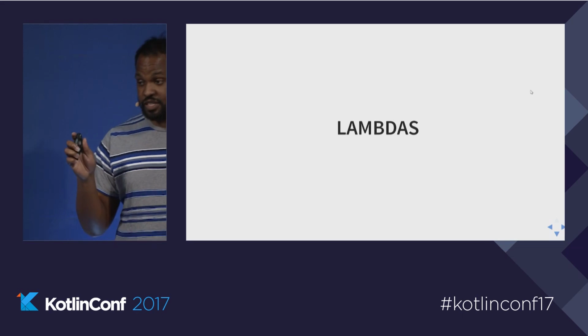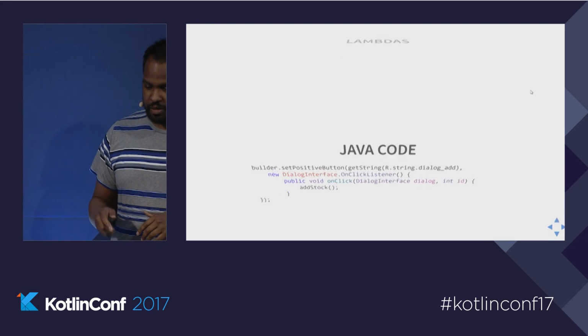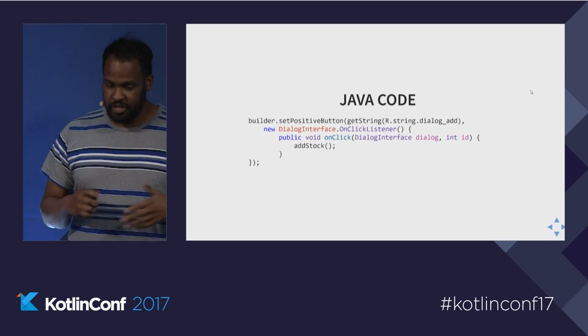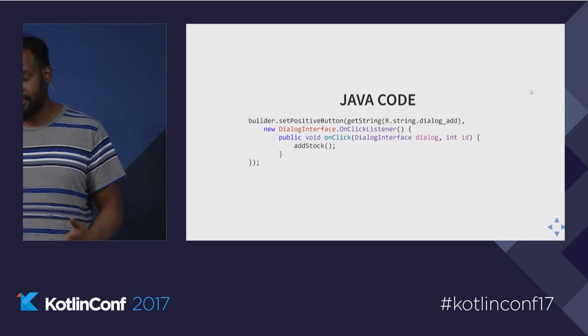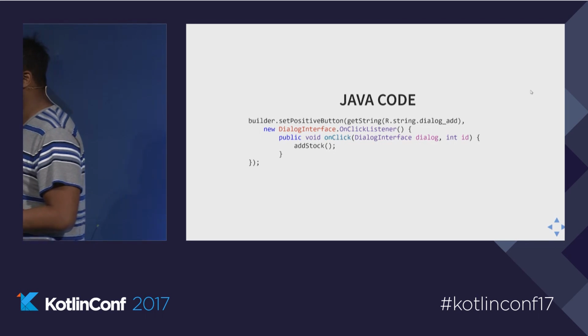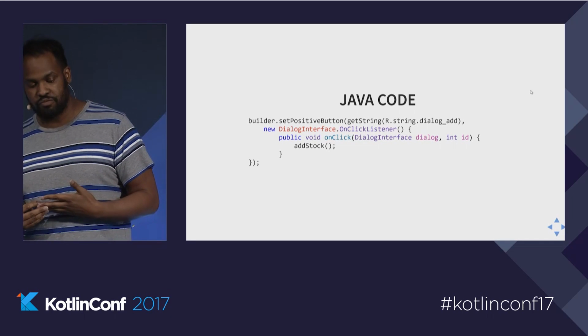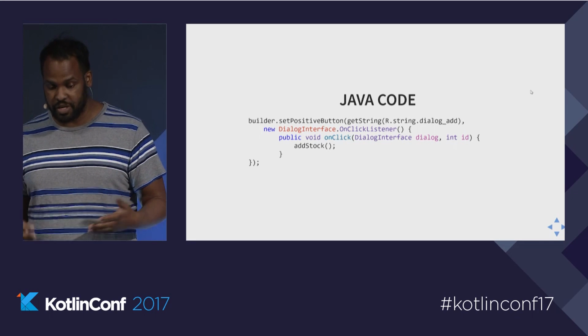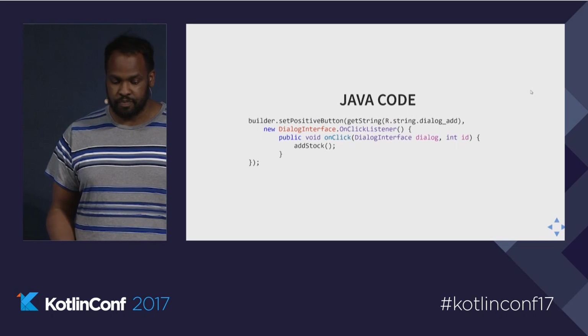Lambdas. This was another place that was really good, mainly because this is code from my app with the nice anonymous inner class. If you're using something like Retrolambda or the Java 8 support that was in Android, you can use Java 8 style lambdas.